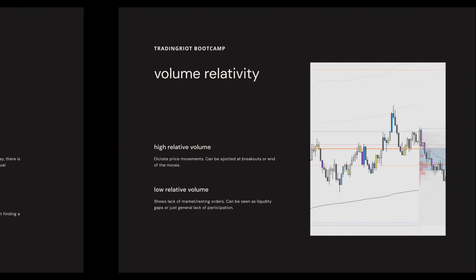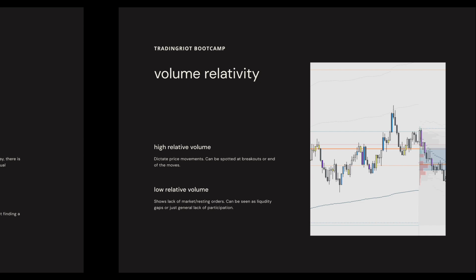The last thing in this one is relative volume. Volume is the amount of finalized orders that are executed. There are different types of indicators that will show you the relative volume. The most popular is RVOL.